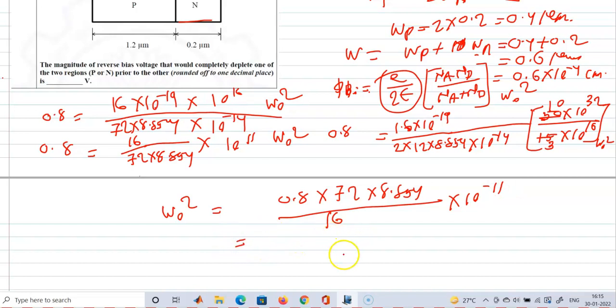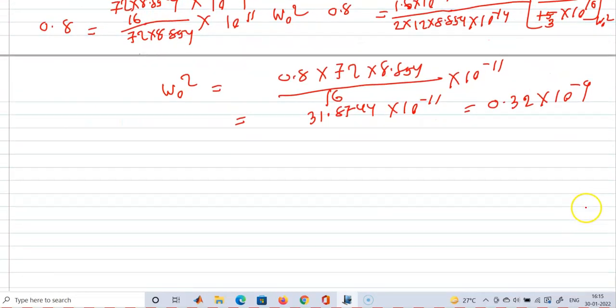When you compute this you get 31.8744 into 10 to the power minus 11. I can round off to 0.32 into 10 to the power minus 9. This is W0 squared.